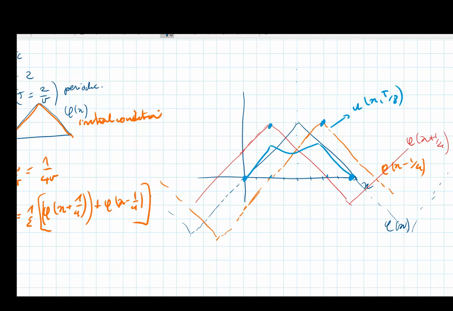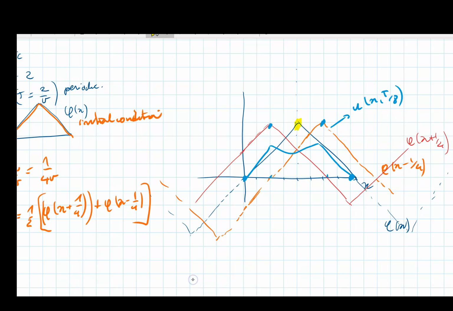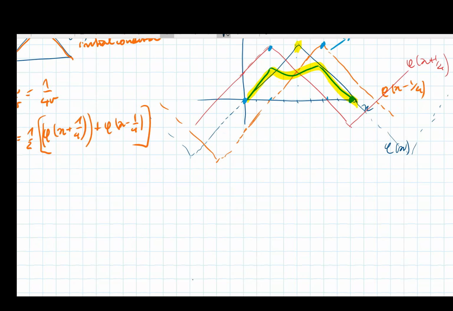Okay, so I began with my initial condition, which was this one, and then I'm getting to this thing at T over 8. And then what's happening at T over 4? At T over 4, if I do the same kind of representation, I'm going to have a shift.